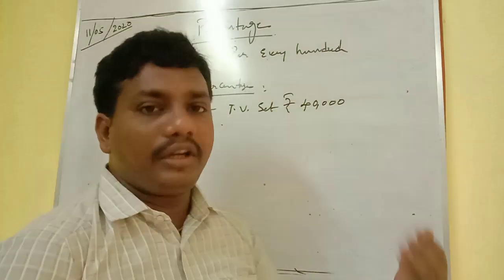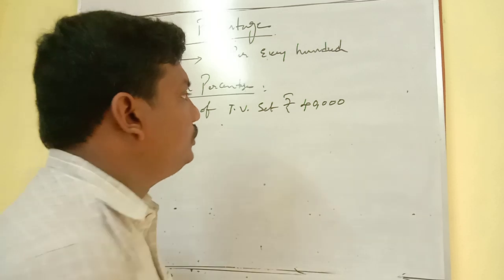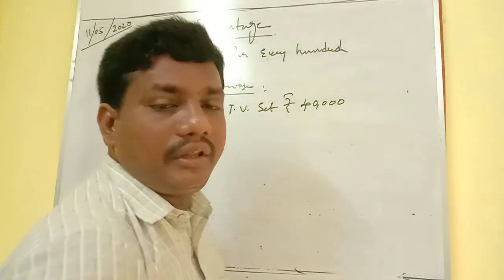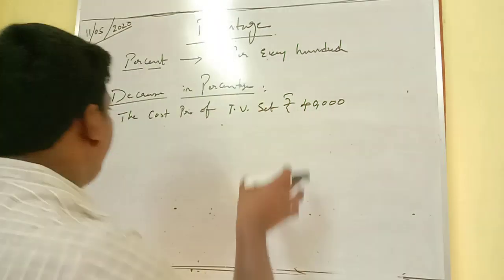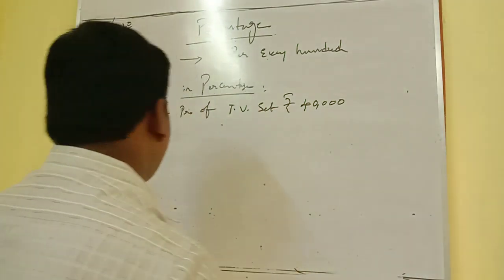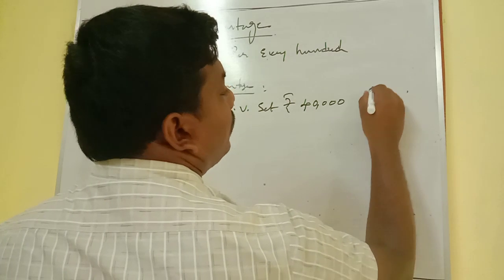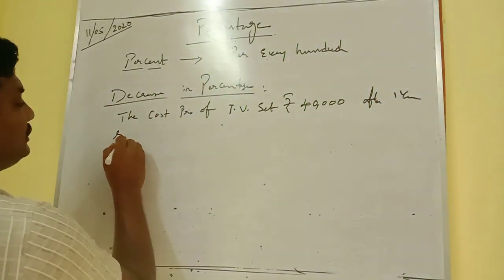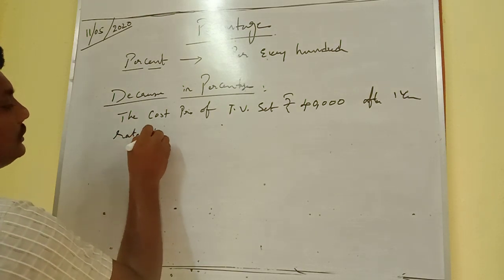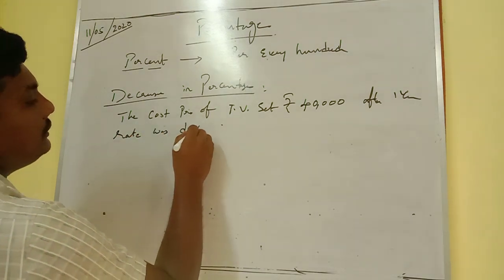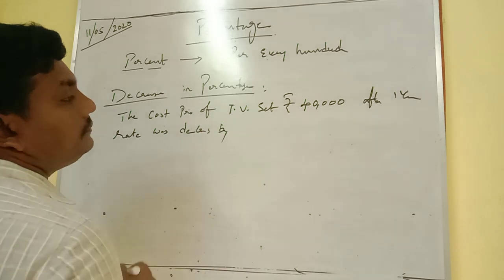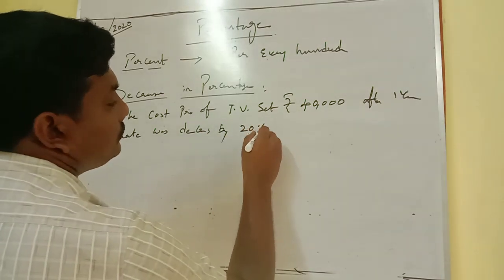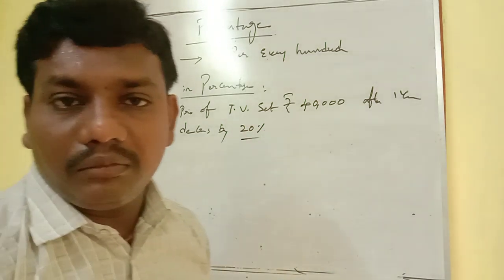Due to depreciation from age or usage, after 1 year the rate was decreased by, suppose, 20%.